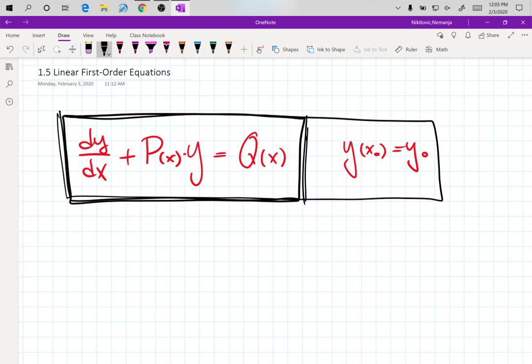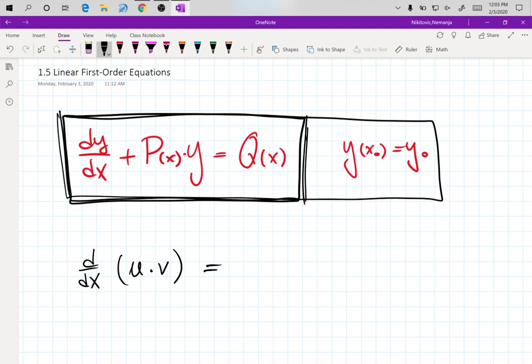If you take a look at the left-hand side, it looks almost like an unfinished product rule from a Calc 1 class, right? If I am to write that product rule, say you had the derivative with respect to x of u times v, two functions, u of x, v of x.